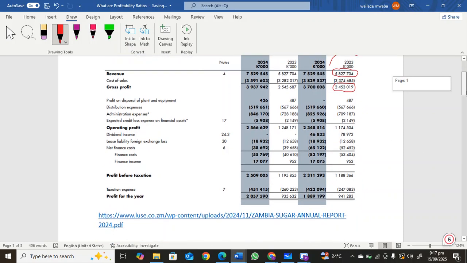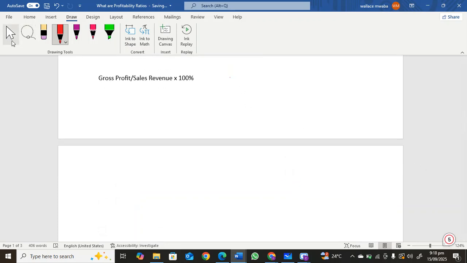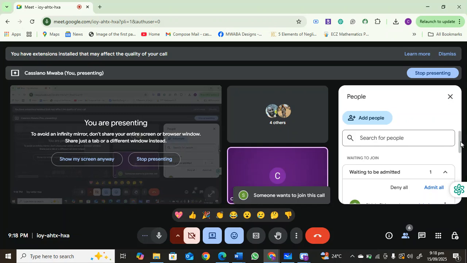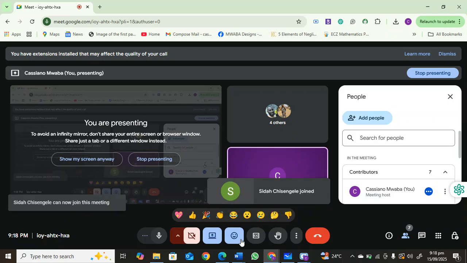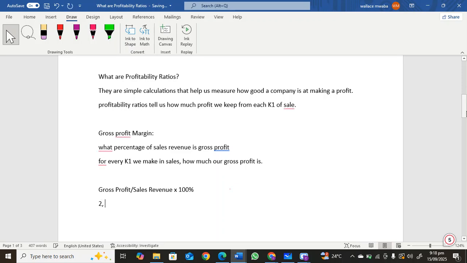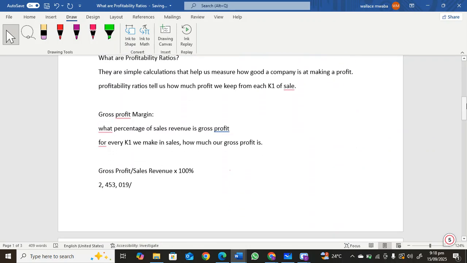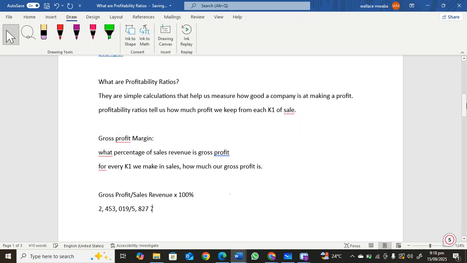Gross profit, 2,453,019, divided by sales revenue, 5,827,704, times 100%.